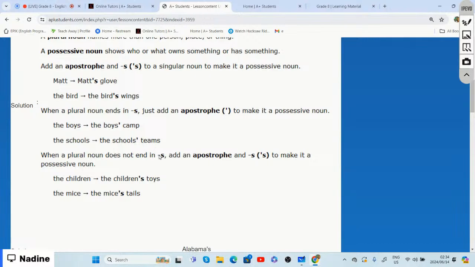You don't add an apostrophe and an S. So when you have a plural noun that ends with an S, like boys or girls, the only thing we do is add an apostrophe to that word.